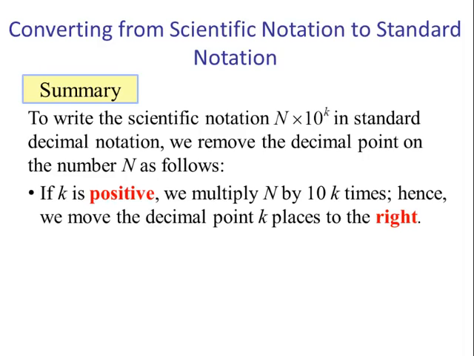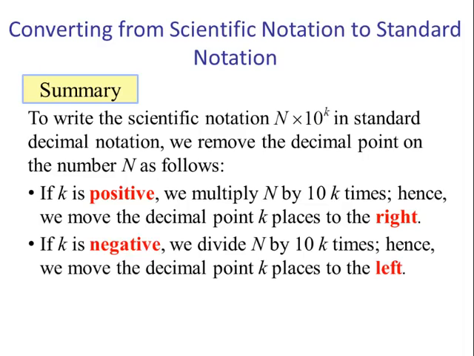If k is positive, we multiply n by 10 k times, or we simply move the decimal point k places to the right. If k is negative, we divide n by 10 k times, or we simply move the decimal point k places to the left.